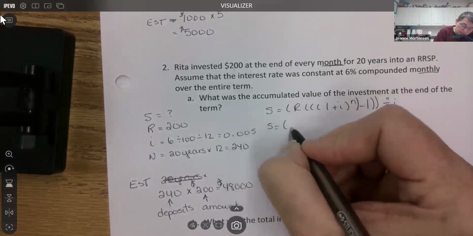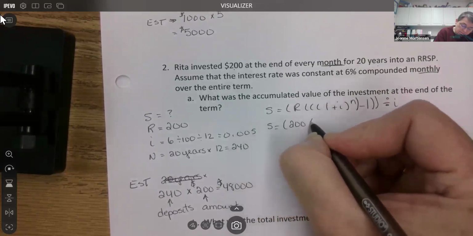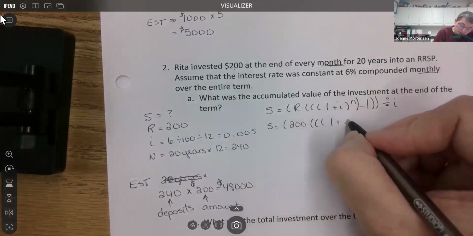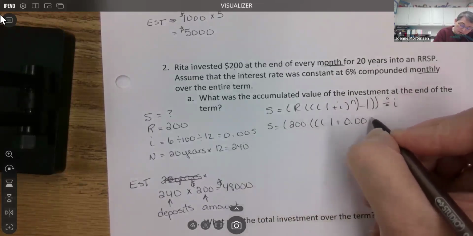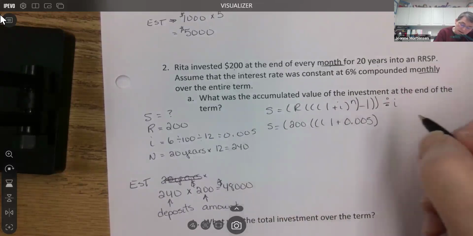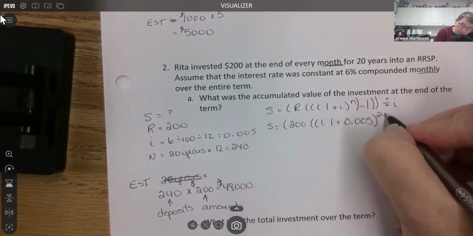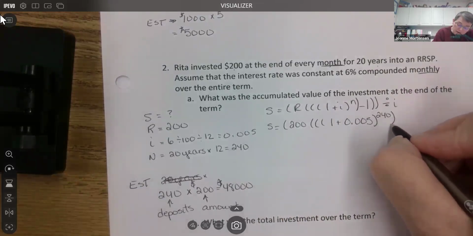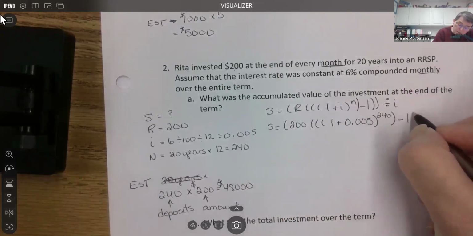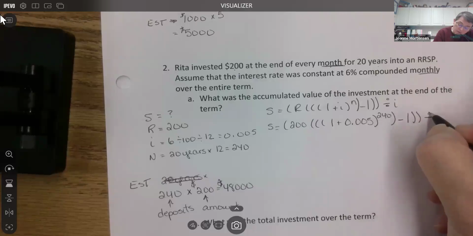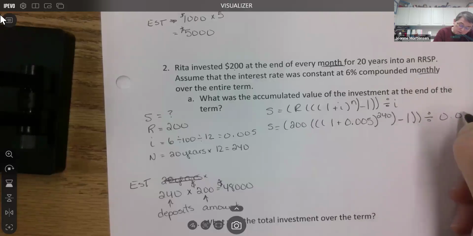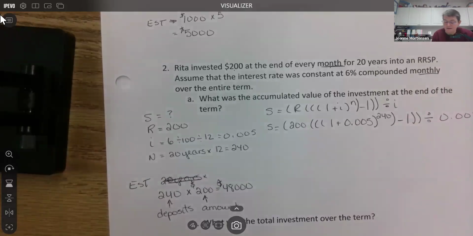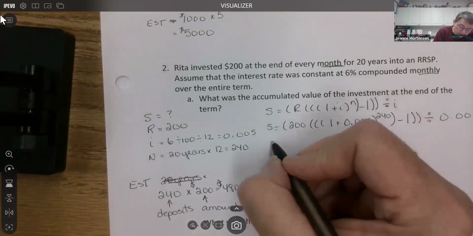I'm always losing those brackets. All right, so Rita put in $200 a month at an adjusted interest rate of 0.005, and that was for 240 months. Minus 1, bracket, divide by 0.005. I'm double checking my calculator to make sure I didn't lose any zeros.